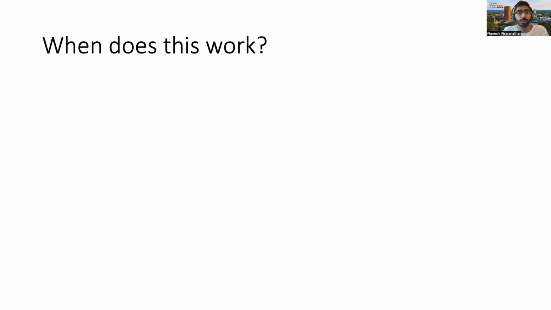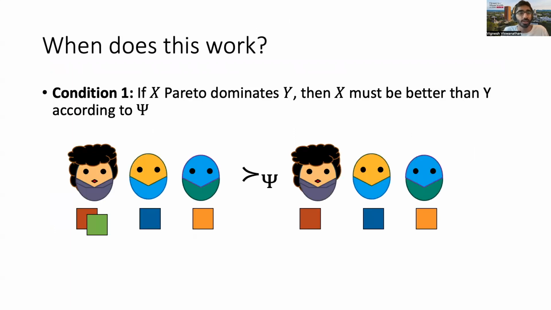It works when the justice criterion satisfies two basic properties. The first is Pareto dominance. Essentially, your justice criterion should respect Pareto dominance. That is, if I create an allocation X that Pareto dominates Y, then X must be better than Y according to the justice criterion psi.